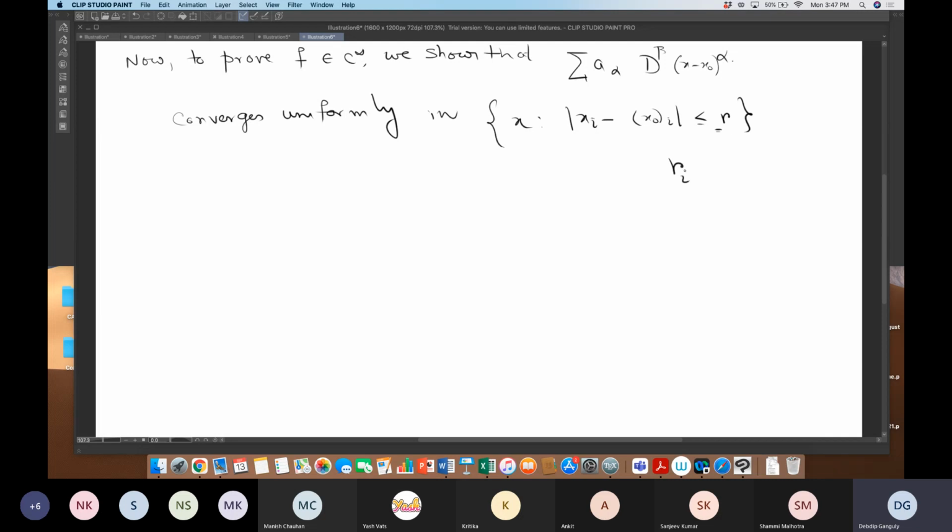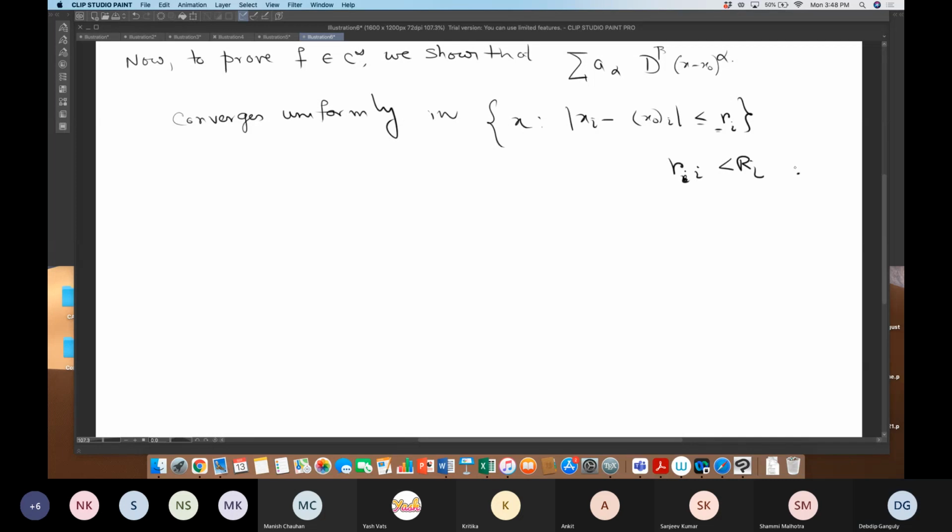R is strictly less than Ri. Okay, clear? So that is why if you see the statement, I have not included capital Ri for strictly less than Ri.